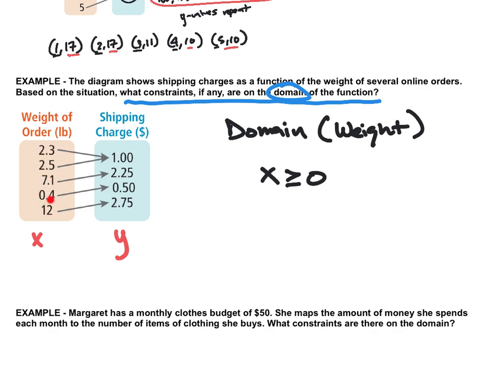If my weight is 0, I'm not going to pay anything in shipping. So the constraint that I'm going to have is that the weight, the x values, have to be positive is the idea. And when the x values are positive, then we will have a shipping charge, okay? But we're not going to be dealing with negative numbers here, all right?